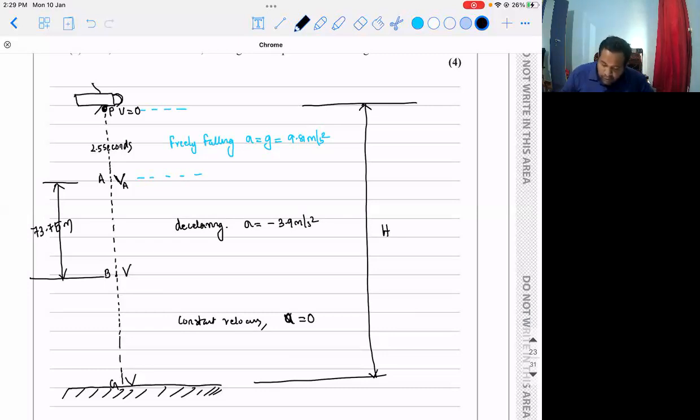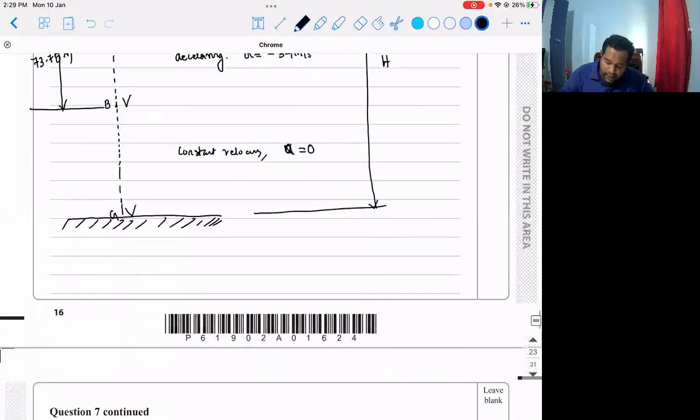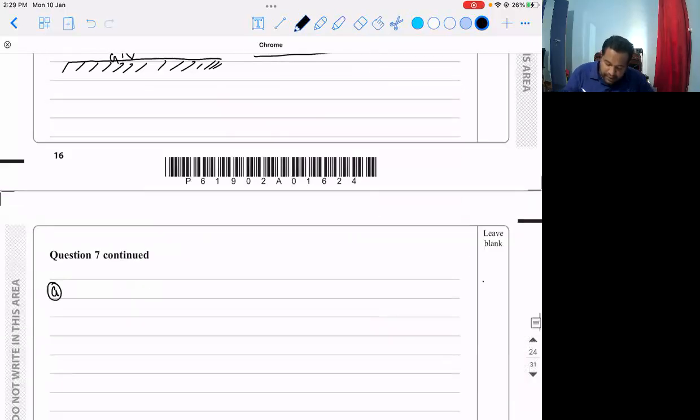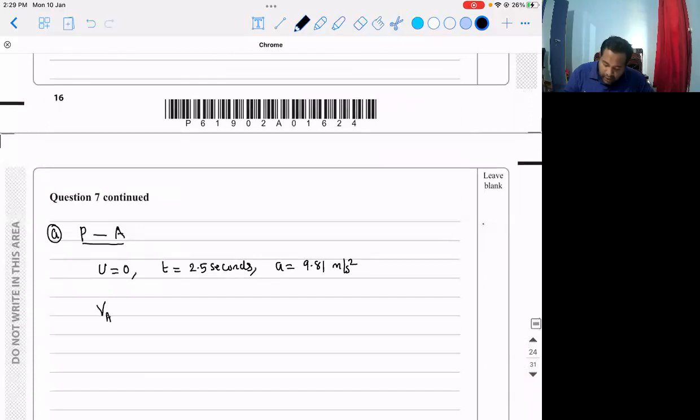Now, we need to find first what is the velocity at this point A. For the A part, the particle starts from P and reaches A, right? In this section, initial velocity is 0, the time taken is 2.5 seconds, and the acceleration is 9.81 meter per second square. We can use this formula: VA is equal to U plus AT.